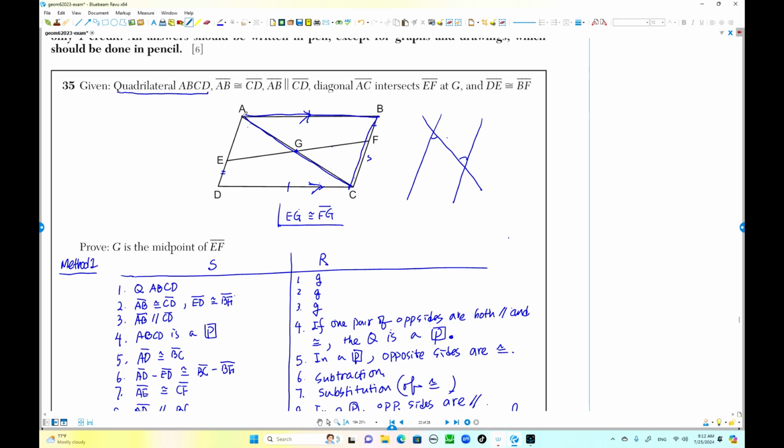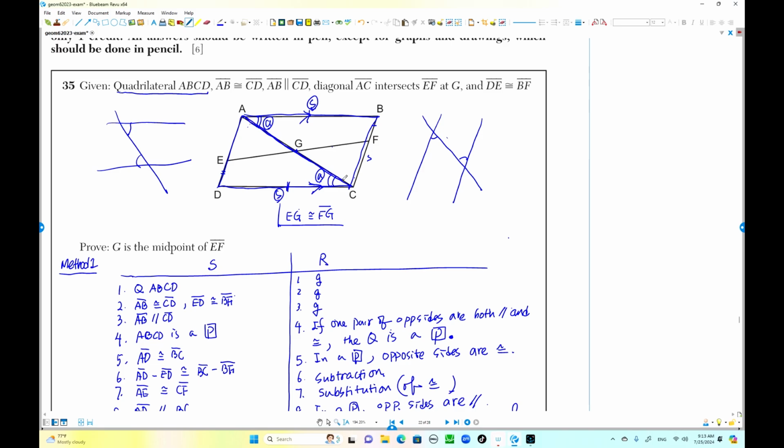These two lines are parallel, and these two angles are alternate interior angles, so this angle and the other side angle are congruent. You got the A, so angle, side, angle.